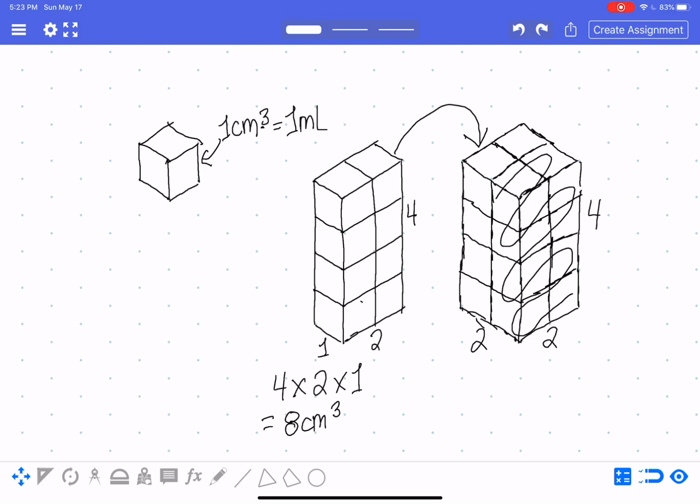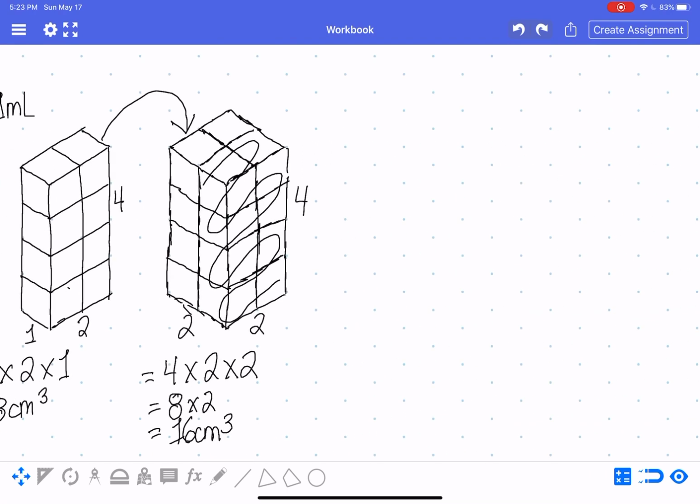So I can multiply them. It's 4 times 2 times 2. Now, 4 times 2 is 8, and then we could just drop the other 2 here. So 8 times 2 is 16 centimeter cubed. Okay? So let's move on to the next shape.